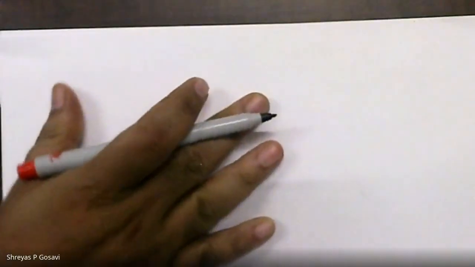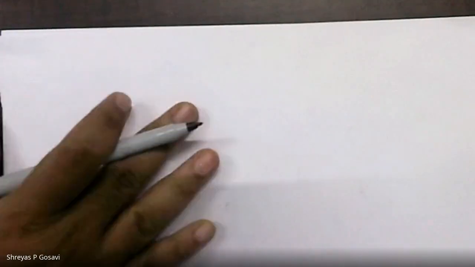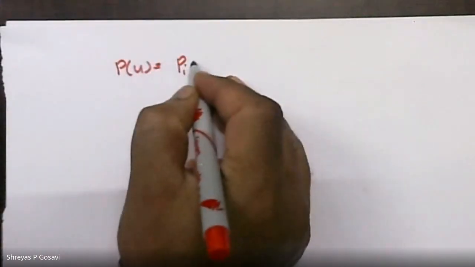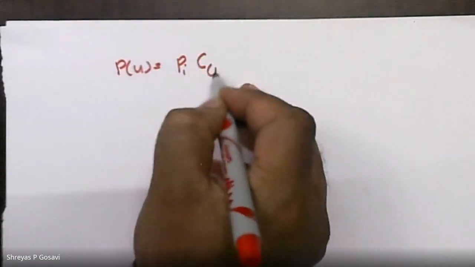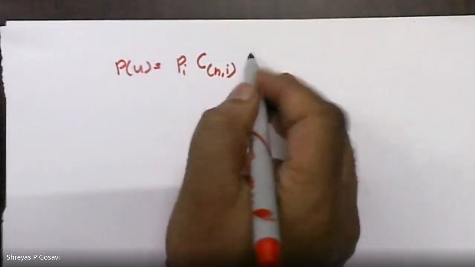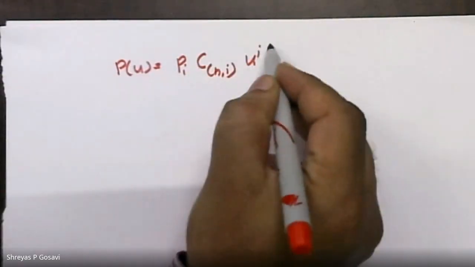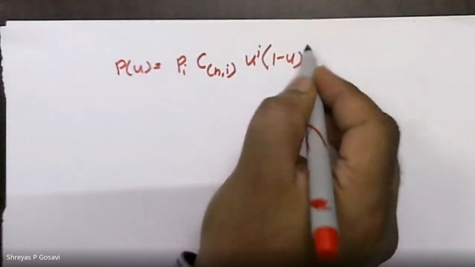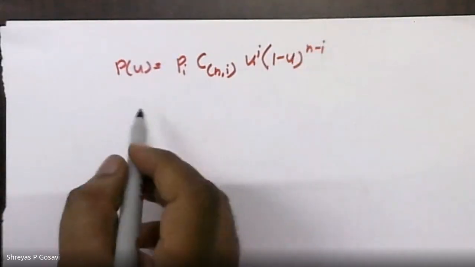So this Bezier curve can be defined in terms of the parameter u as the sum of p of i into the polynomial coefficient into u raised to i into 1 minus u raised to n minus i. Okay.